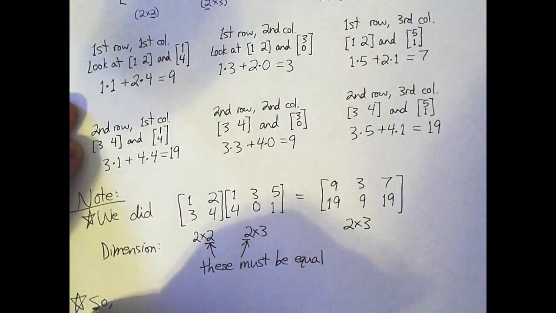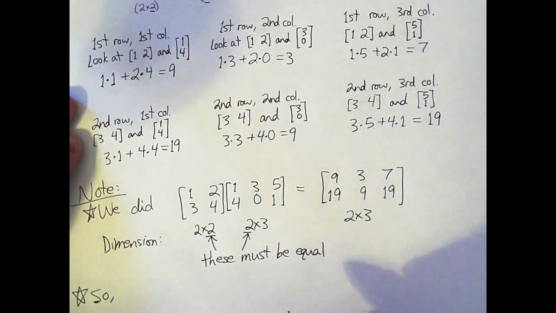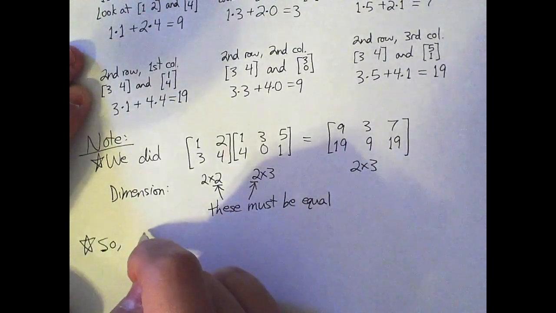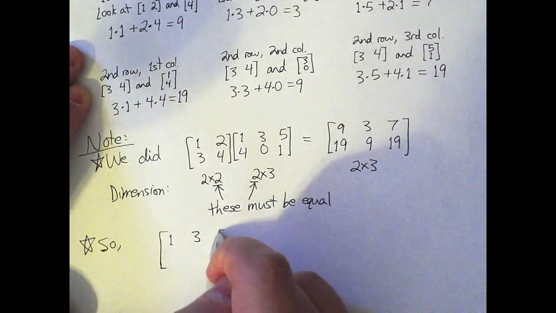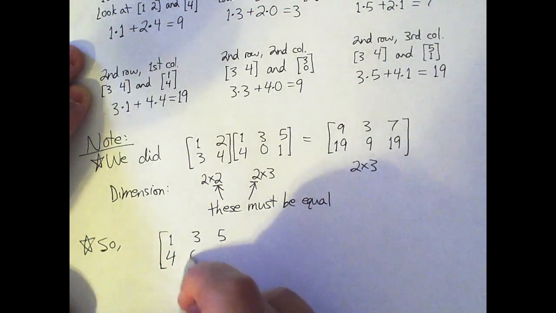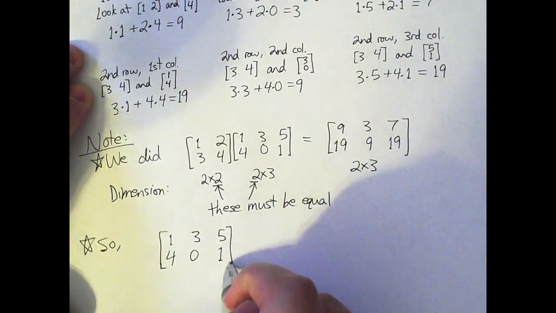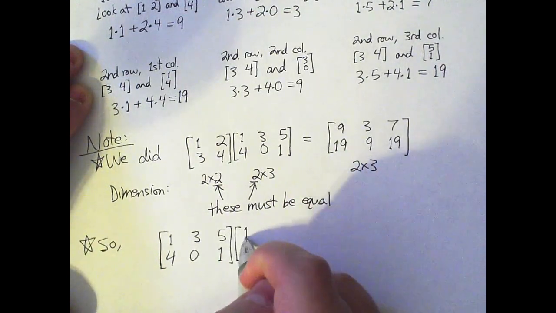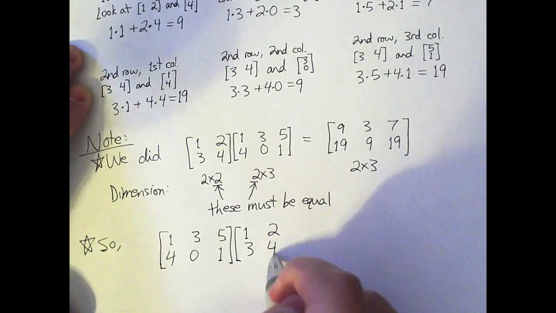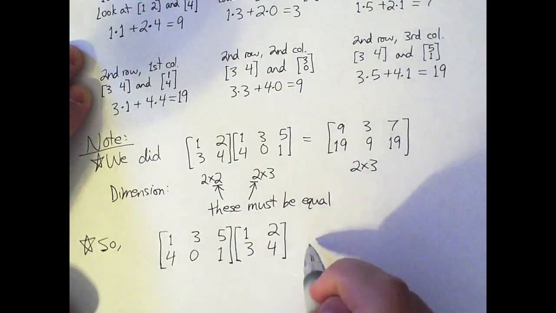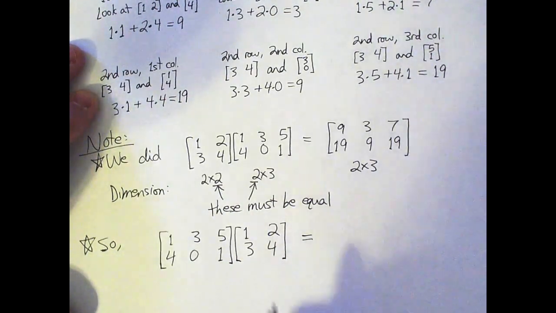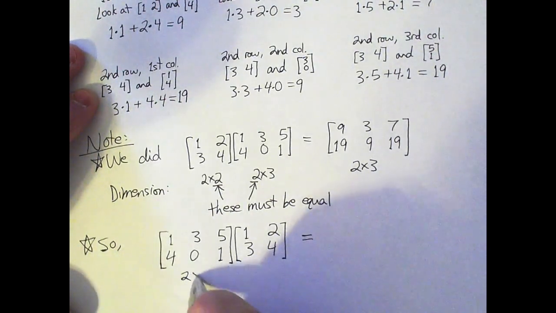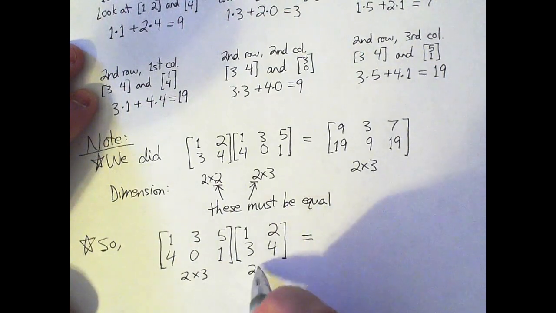So, for example, if I were to try to do matrix multiplication of these two matrices, but in the opposite order, 1, 2, 3, 4. It's the same matrices, right? But this one is 2 by 3, and this one is 2 by 2.